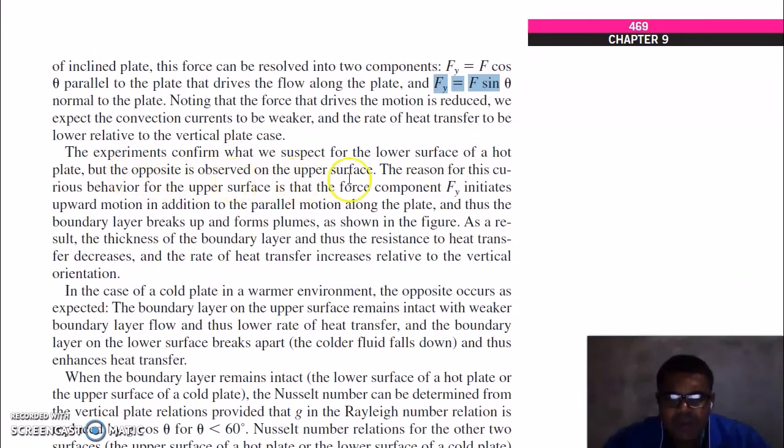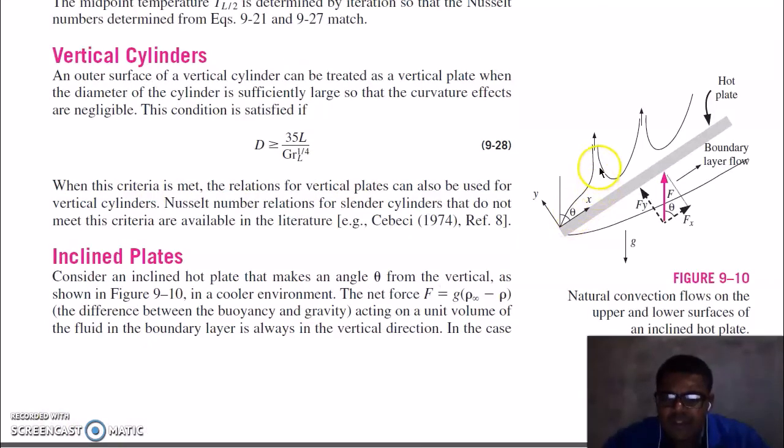The opposite is observed for the upper surface. Now this shape of the boundary layer and this breakage here is due to this vertical component of the force, which is Fy, which will act upward. So this is the upper surface of the plate, while the Fx component is the same.